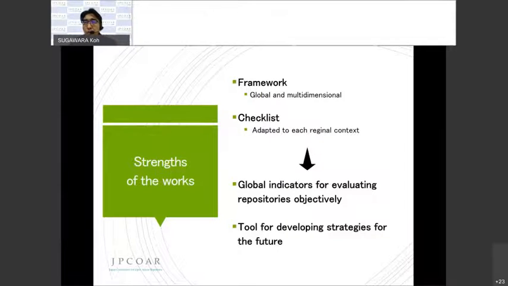And through the checklist, we can make a more detailed assessment, including our own local situation. Through these, we will be able to evaluate repositories objectively in the light of global standards. And I think that it leads to considering the strategy of the repository.